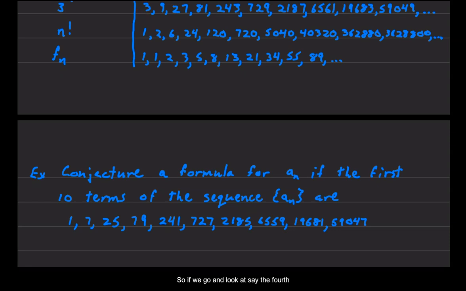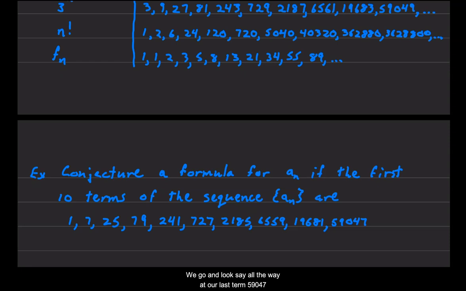So if we look at, say, the fourth term in the sequence, 79 in ours versus 81 in 3 to the n, again, that's consistent with our term being 3 to the n minus 2.